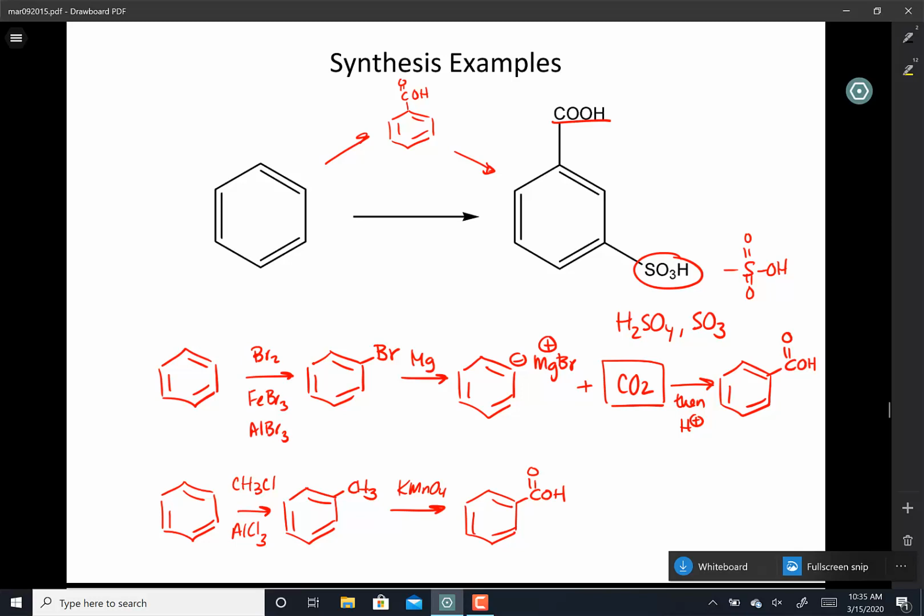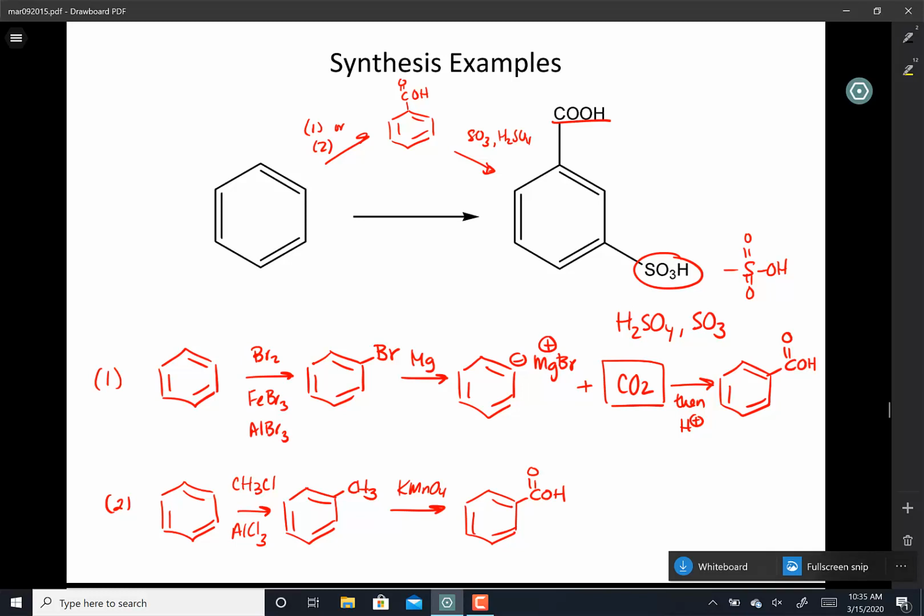So I would add the COOH group first, and then I would use SO3, H2SO4 to add the SO3H to the benzene ring in the second step. So you could use either method 1 or method 2 to add the carboxylic acid.